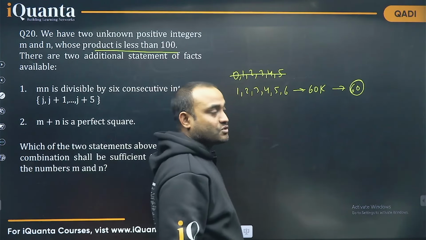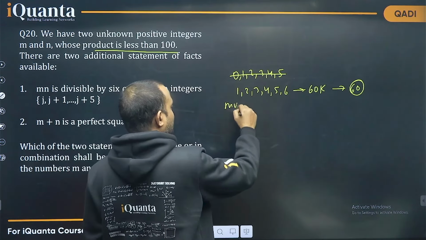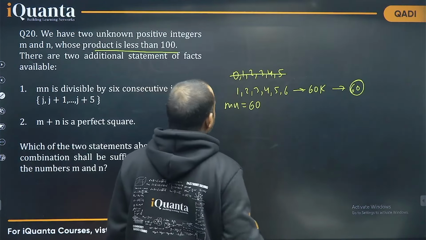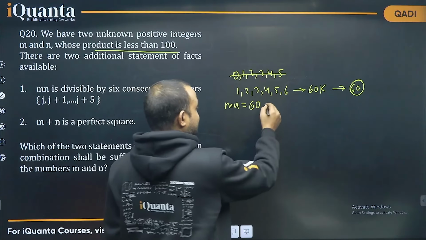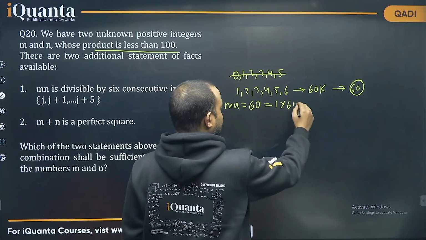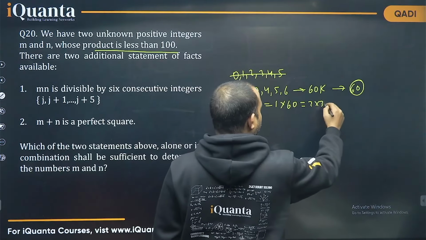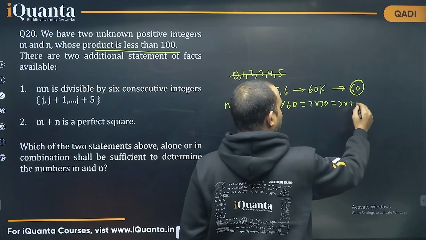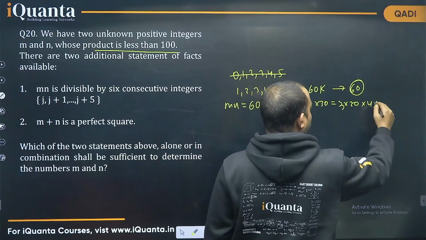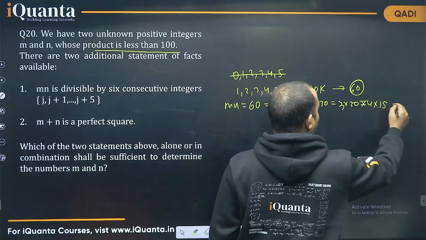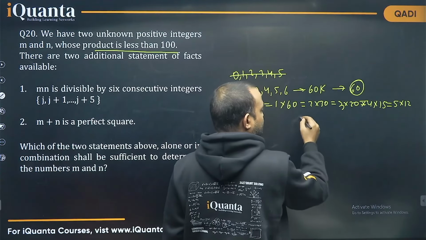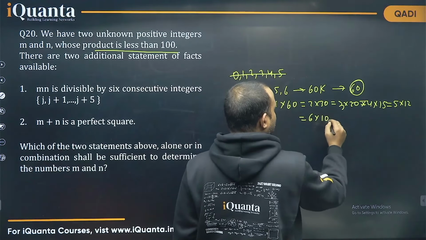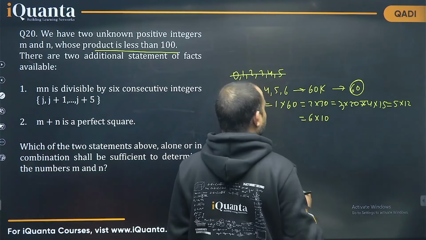So m into n is equal to 60. Now we need to find m and n. So this 60 can be written as 1 into 60, or 2 into 30, or 3 into 20, or 4 into 15, or 5 into 12, or 6 into 10, and that's it.